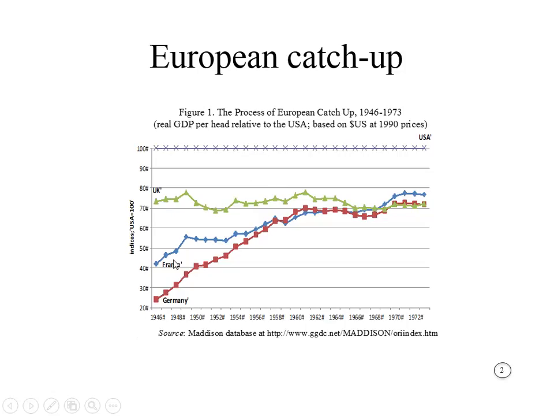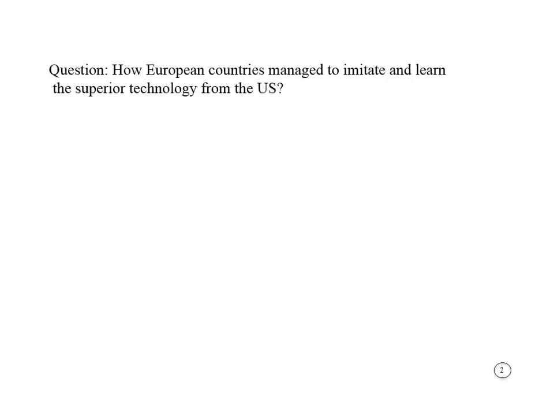The UK started, as we mentioned, from not a very big gap. But the other countries, Germany and France, were completely destroyed by the war. There was a big income gap, and they exploited the advantage of backwardness. How did European countries manage to imitate and learn the superior technology from the US?